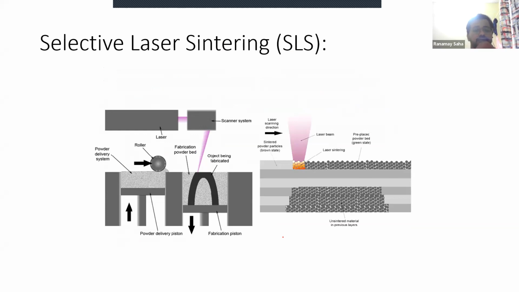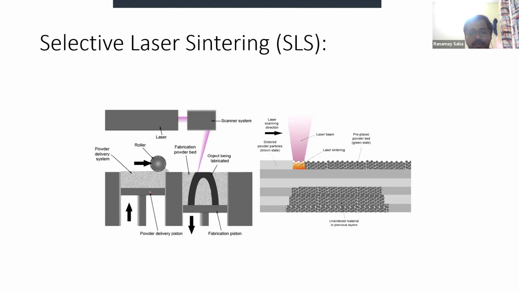So the first one is about selective laser sintering. As you can see in the diagram, you have a table or a bed on which powders are pre-placed, the powder bed, and then you just scan in a layer-wise manner.